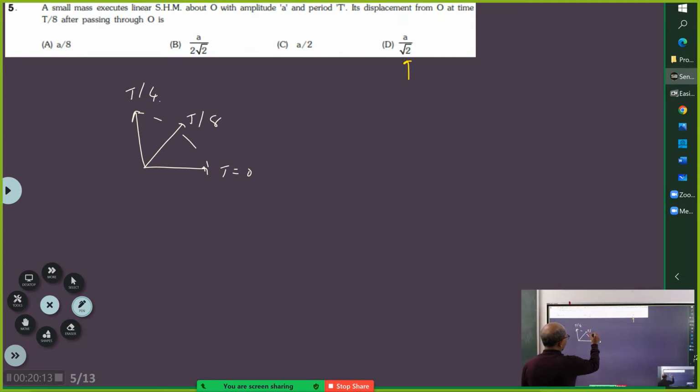The time here will be T by 8, and this is going in this direction, so this has to be 45 degrees. You can take either cos or sine, both are same. The amplitude here would be a cos of 45, so that is a by root 2. So this is the right option, correct?